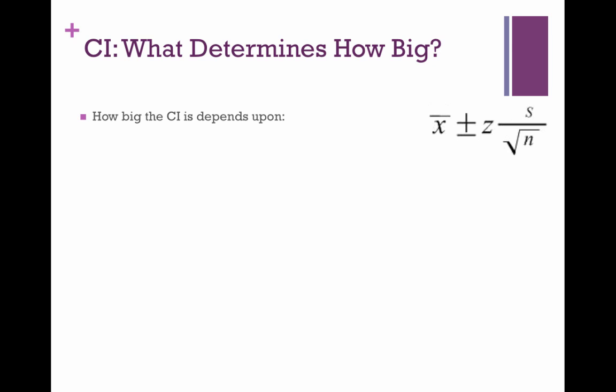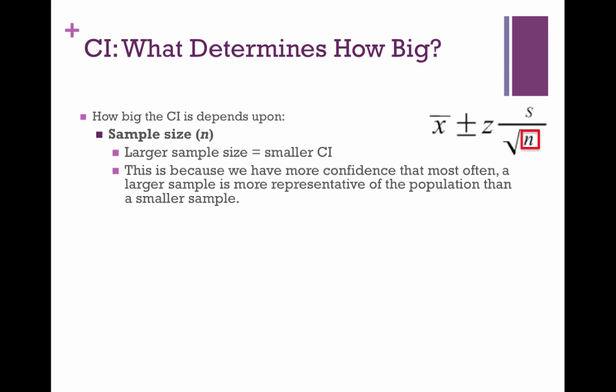Knowing what makes up the formula, how big or small the confidence interval is depends upon the sample size. The larger your sample size, the smaller your confidence interval. I'm thinking way back to the part 1 video, when I talked about how our sample size really tells us about our significance, whether we have statistical significance or not.